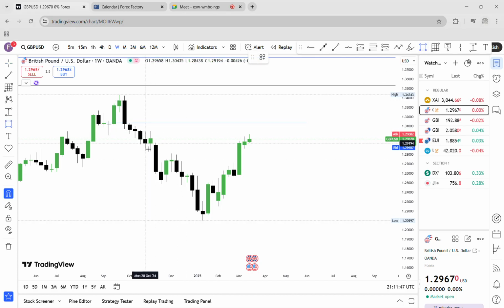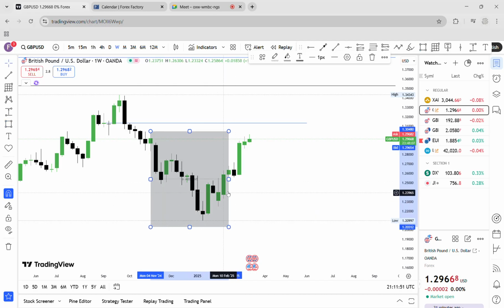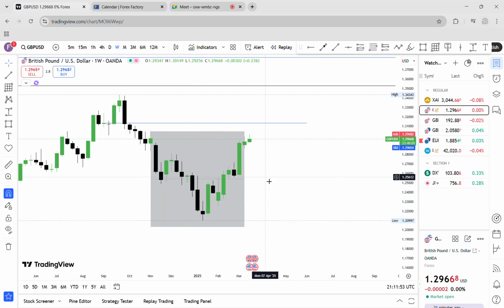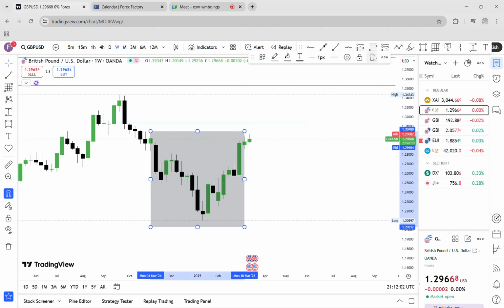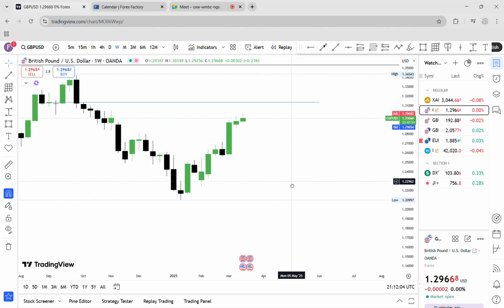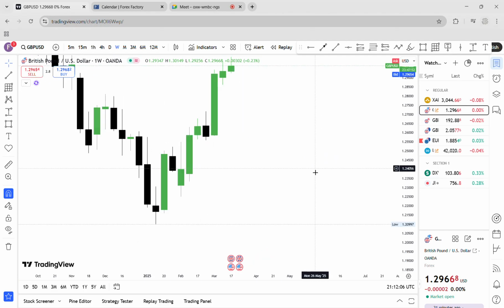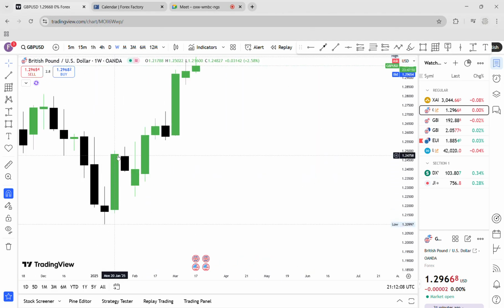Because price is here, starting from where? Right here to this area, because this is the current price. So what levels can you see right here to this area is what we are going to be looking at. So first of all, when price moved higher, what do we have? We created the fair value gap right here.